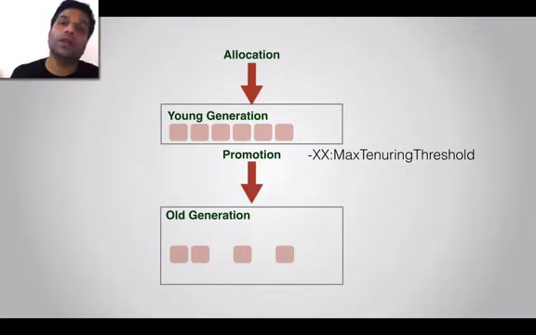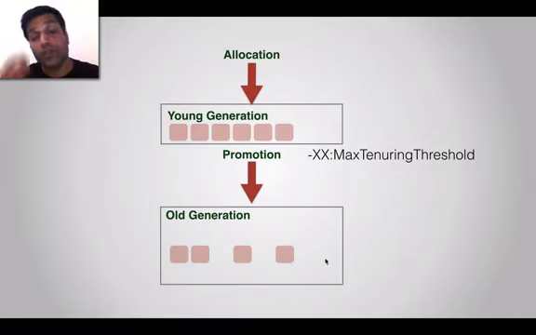So in very broad terms, when the old generation becomes full, or is nearly full, there is a garbage collector thread that keeps watching the old generation. It sees, oh my god, my old generation is almost full, now I'm soon going to be in trouble.